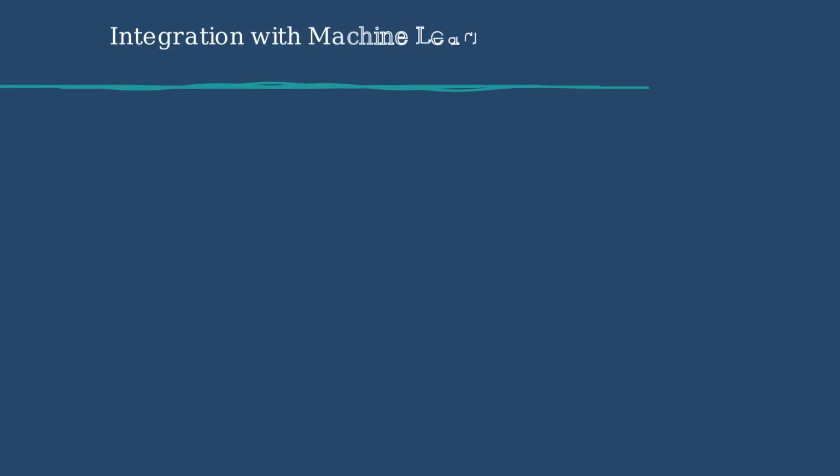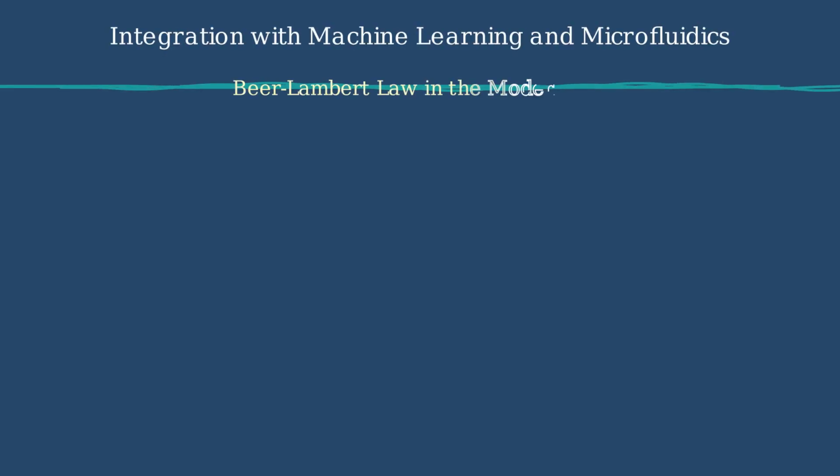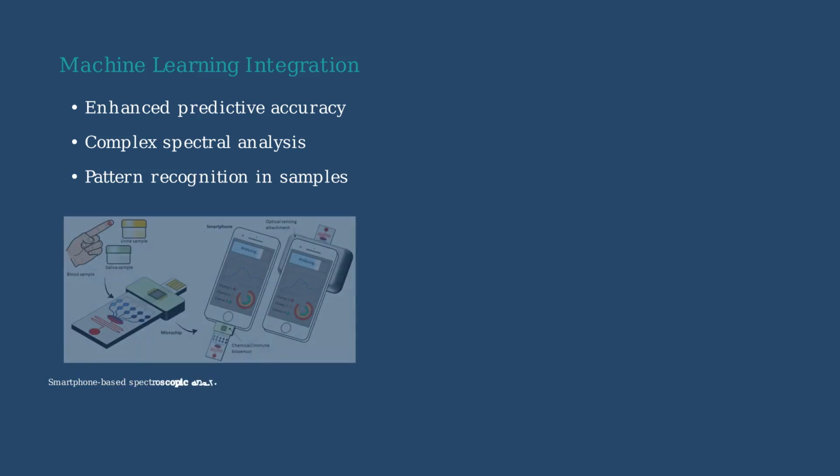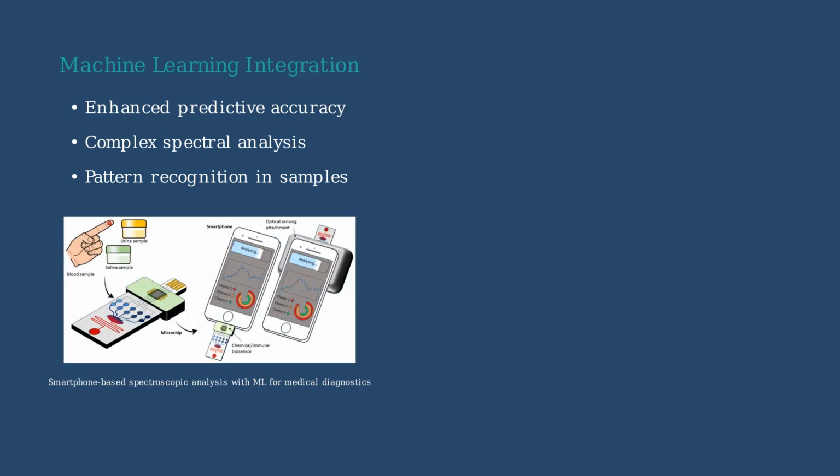The Beer-Lambert law is evolving through integration with modern technologies. Machine learning algorithms enhance the predictive accuracy of spectroscopic analysis based on Beer-Lambert principles. Smartphone-based platforms use machine learning to analyze spectral data from bodily fluids, significantly improving medical diagnostics.